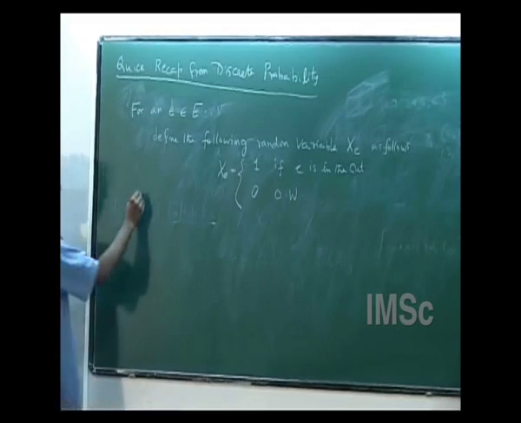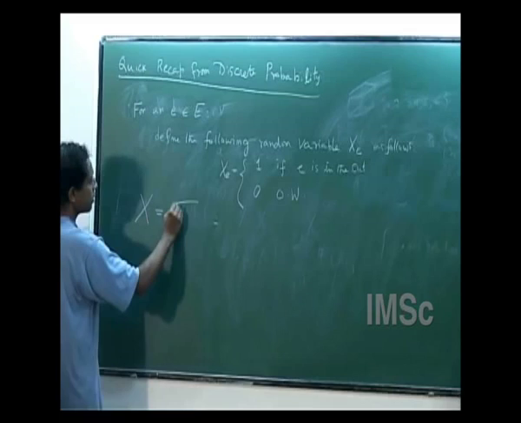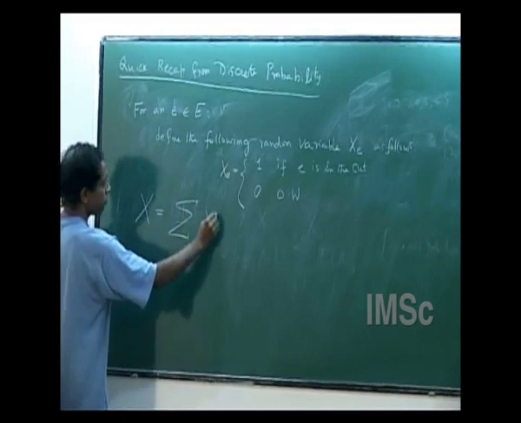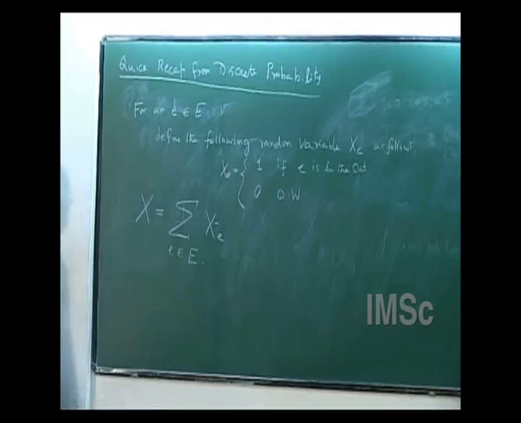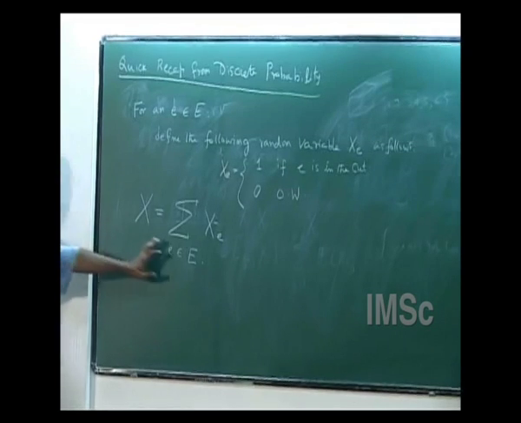Now define the following random variable. X is just the summation over Xe, where E runs over the edge set. For every edge you have a random variable Xe which alternates between 1 and 0 in your random experiment, and you define the new quantity X equal to the summation of Xe, E running over the edge set.